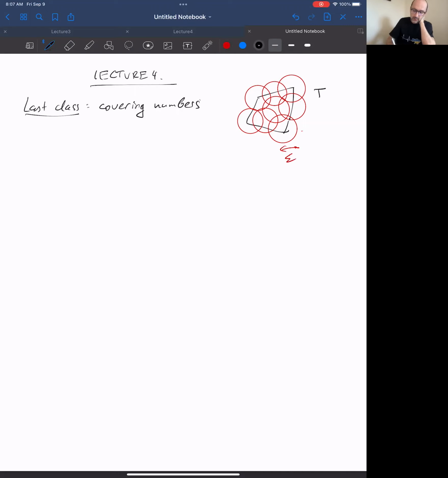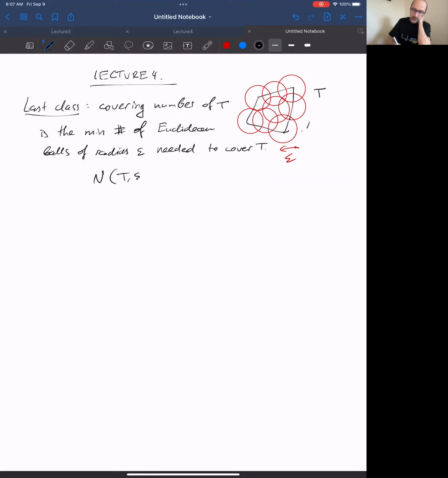And the covering number of a set T, it's a very geometric, very simple notion, is the minimal number of round or Euclidean balls of radius epsilon, excuse me, that suffice to cover T. It is denoted N(T, epsilon).